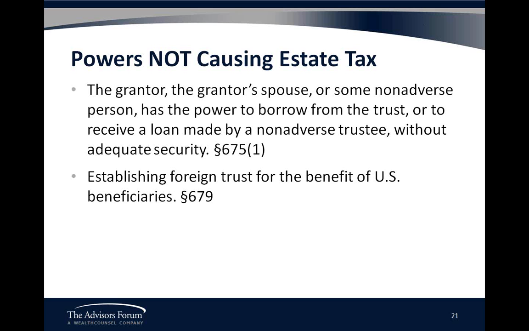The grantor spouse, or some other non-adverse person has the power to borrow from the trust or to receive a loan made by a non-adverse trustee without adequate security. Now, you can also do it without adequate interest, because that's what the statute says. I wouldn't recommend it.